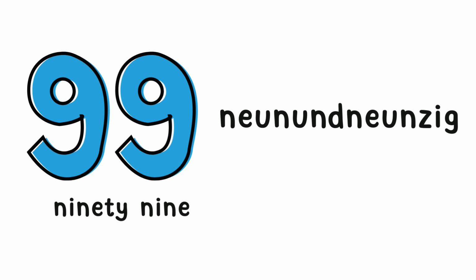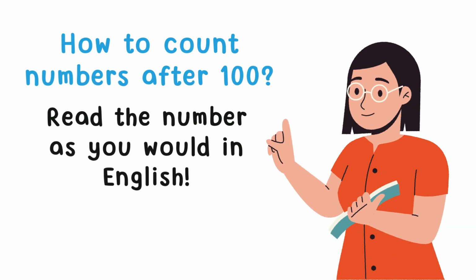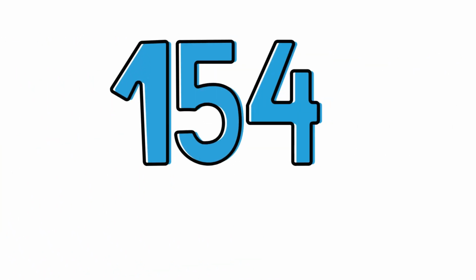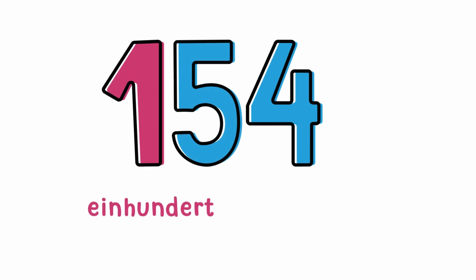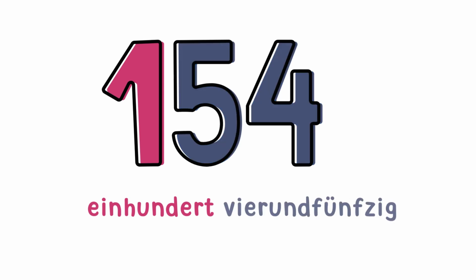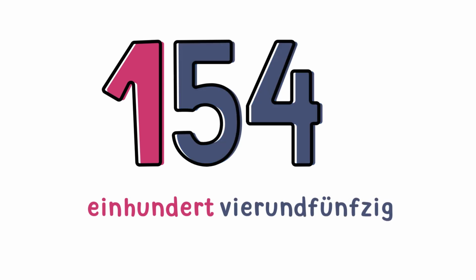Let's move on to bigger numbers. Counting numbers after 100 in German is pretty much the same as in English. Zum Beispiel, if we take the number 154, it'll be 100. How do you say 54 in German? Richtig. 54. 154.